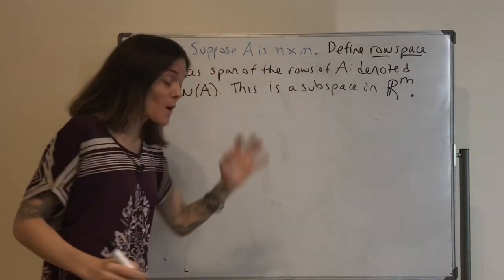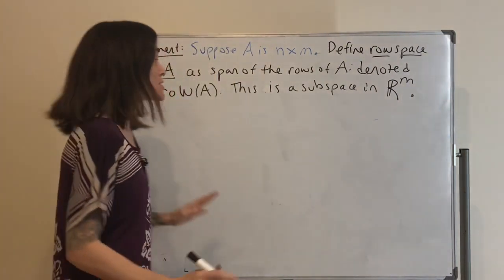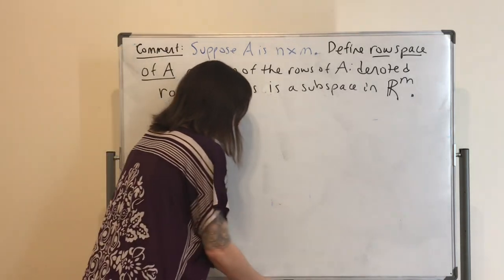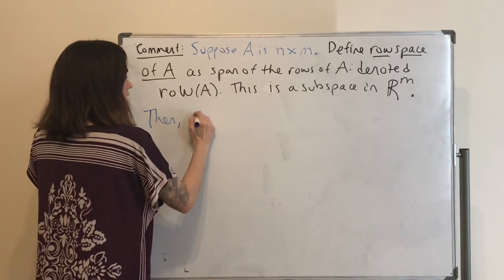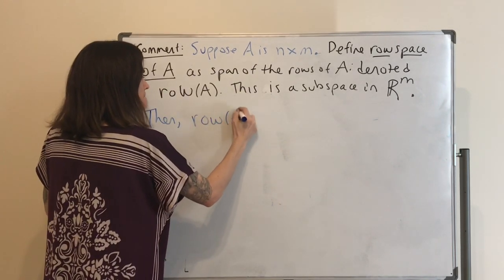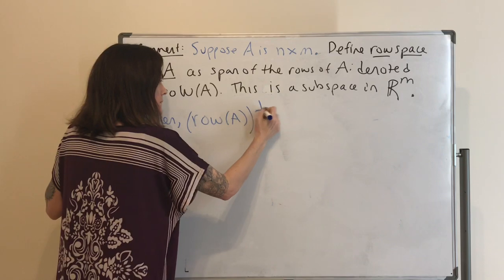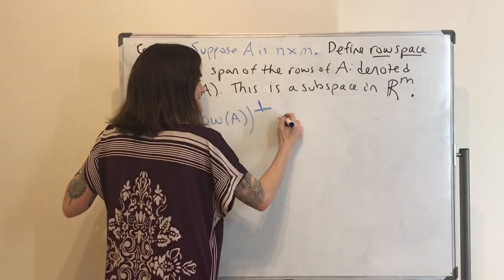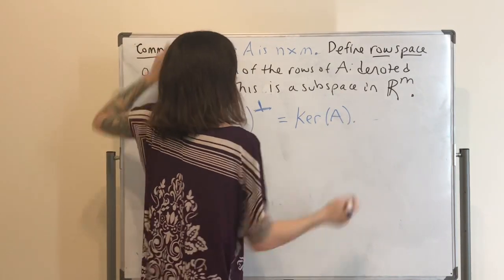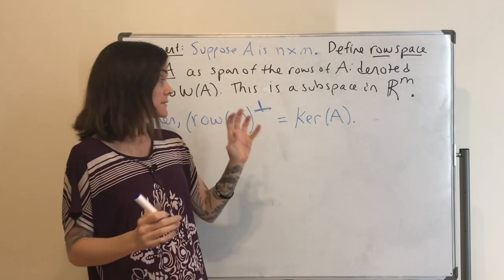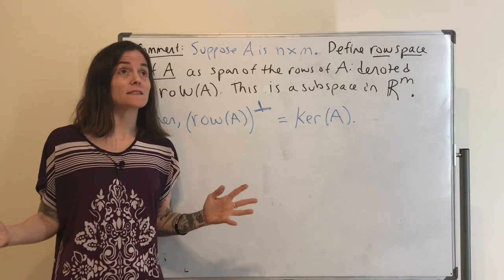Now, what we see in the last two examples is much more general. If you take this subspace and you take its orthogonal complement, this is the kernel of A. In fact, this is how we just had a vector or two, depending on the example, how we actually found a basis for its orthogonal complement.